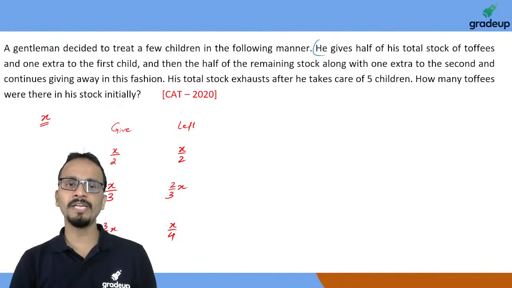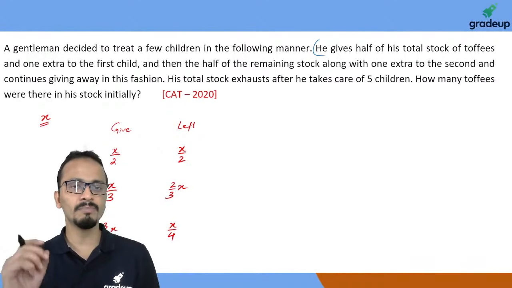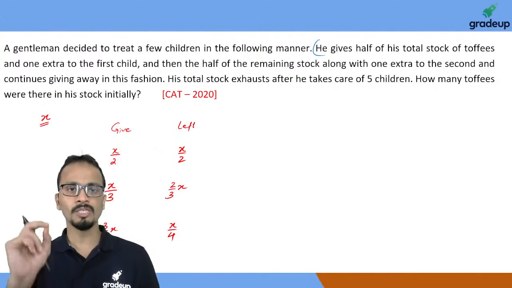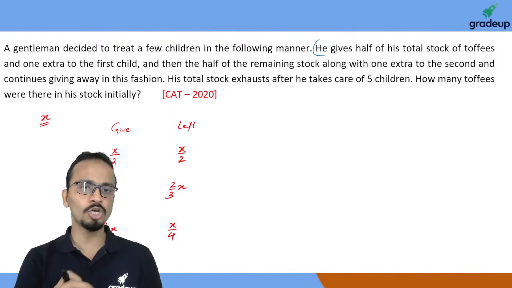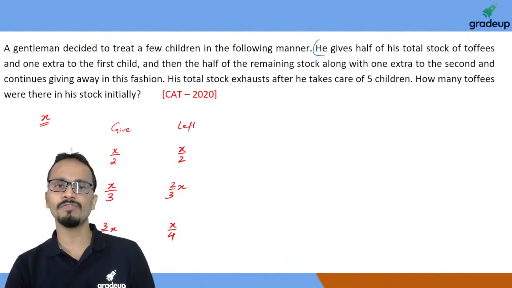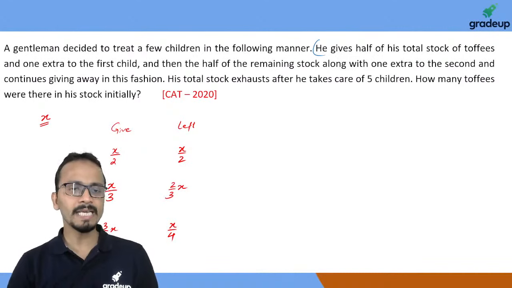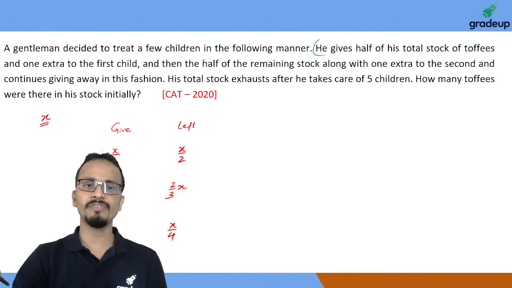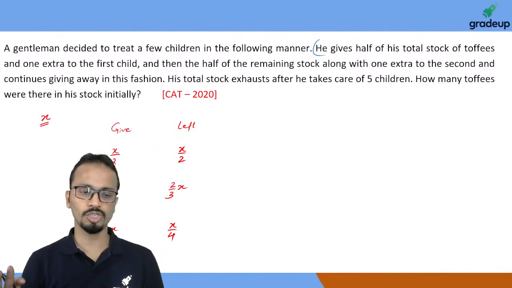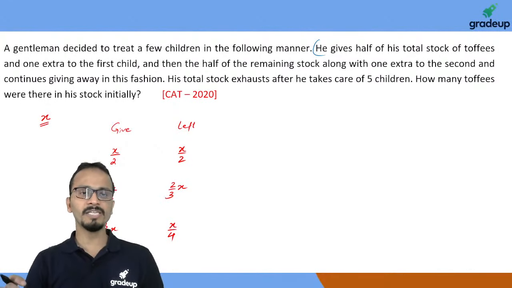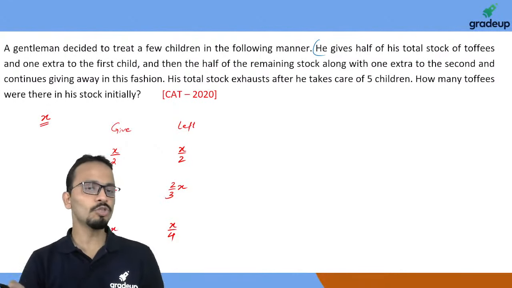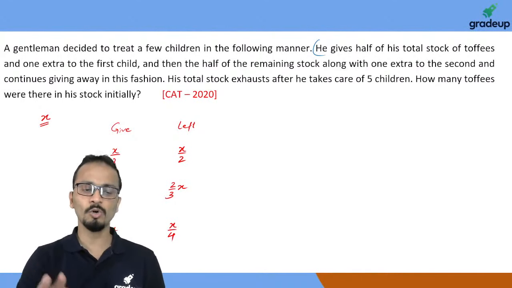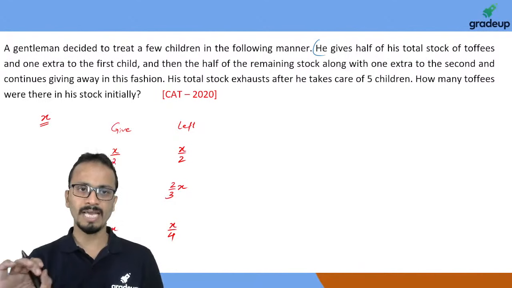I've just explained this taking 3 different possibilities that may arise in a question. If I'm giving half of the original stock, I'll be left with half of the original stock. The second case is if I give 1/3 of the original stock, then I'll be left with 2/3 of the original stock. The third case is if I give 3/4 of the original stock, I'll be left with 1/4 of the original stock. All right, am I clear?